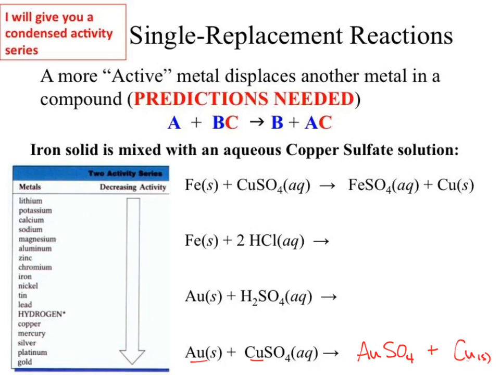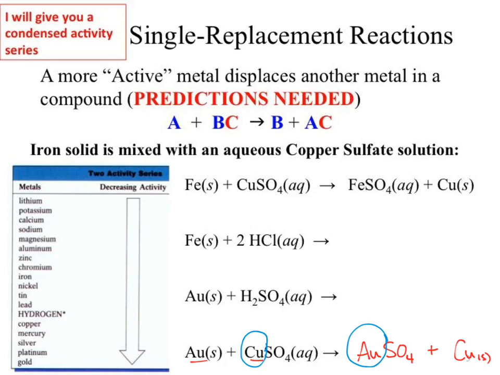Okay. Now what we want to do is decide and predict should this reaction occur. To do that, we have to go back and look at the activity series. Okay? Before we get to the activity series, we have to know what metals are reacting. What are our metals that are doing anything? We're looking at copper and gold.